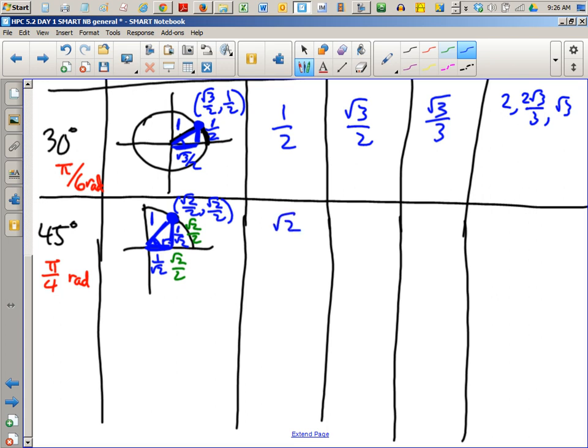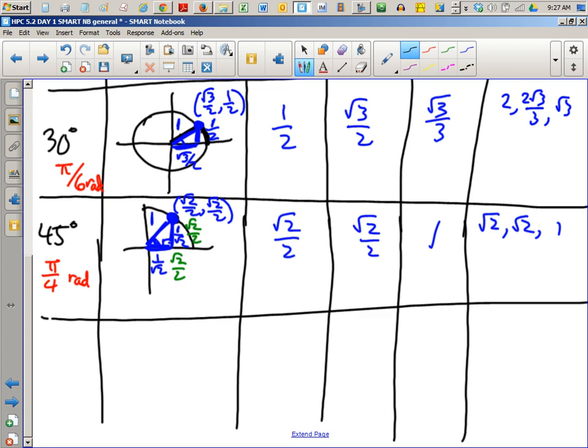Cosine and sine are both rad 2 over 2. Tangent is the y divided by the x. Well, they're exactly the same, so the tangent comes out to 1. And the three reciprocals are rad 2, rad 2, and 1, for cosecant, secant, and cotangent of 45.